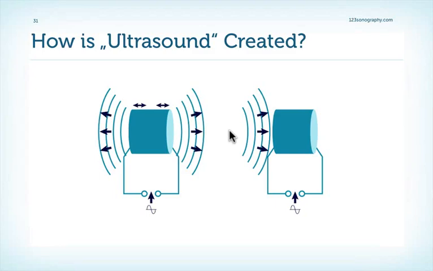But these crystals also have another very important property. If they are hit by an ultrasound beam, they begin to swing, begin to resonate, and that can be converted into an electrical current, which can be recorded. So the crystal fulfills all the criteria we expect. It can send an ultrasound wave, and it can receive an ultrasound wave.